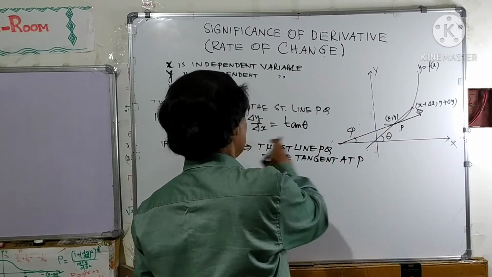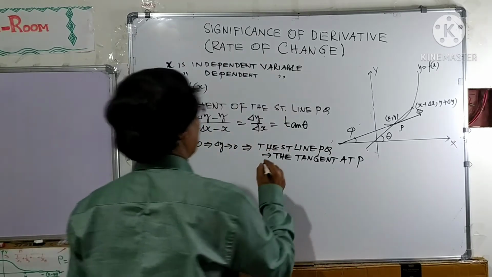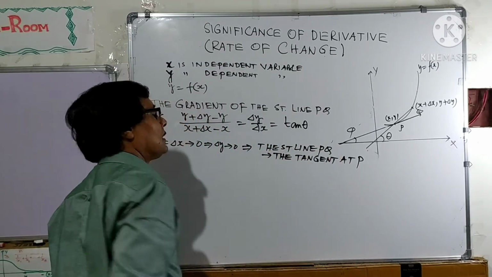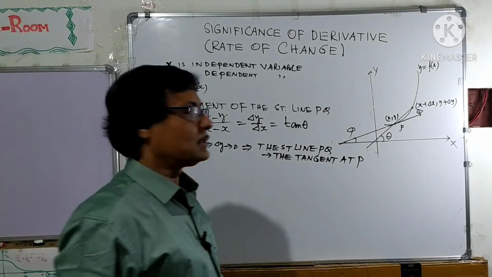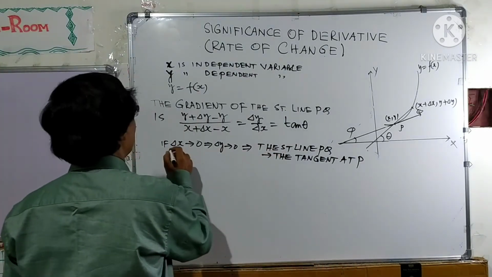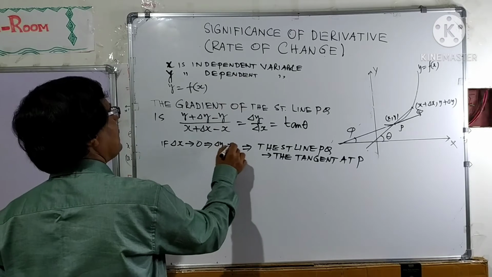If del x tends to 0, Q approaches P, because then the straight line PQ approaches the tangent at P, because del x tends to 0 implies del y tends to 0.